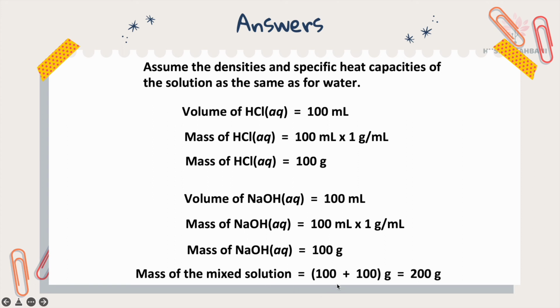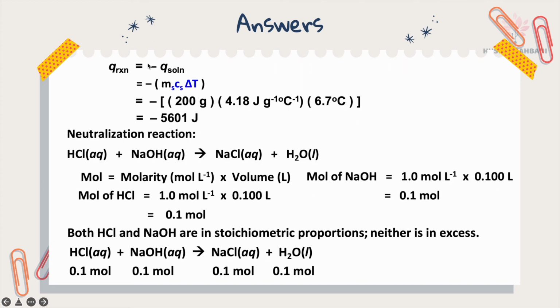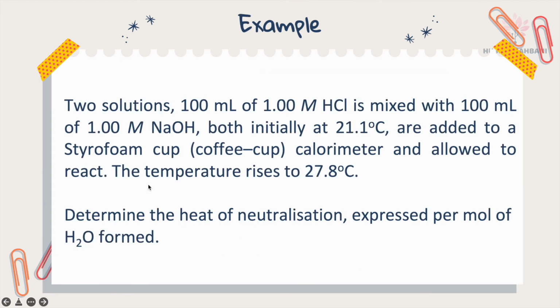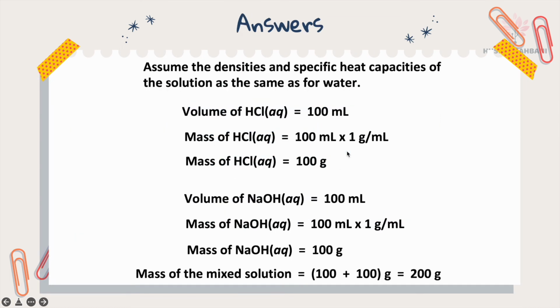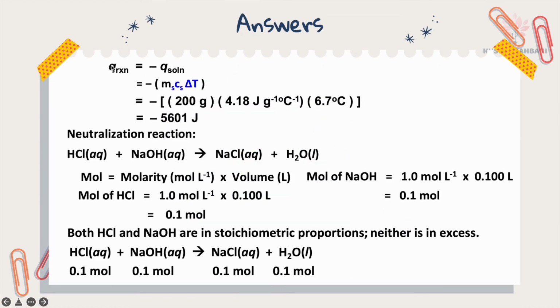So the total of the mixed solution is equal to 200 gram. Use the equation Q reaction equals negative Q solution. Don't plus Q calorimeter because you don't have the information of heat capacity of calorimeter. So just use this equation. Q reaction equals negative Q solution.